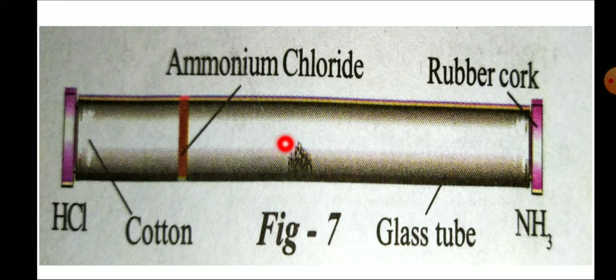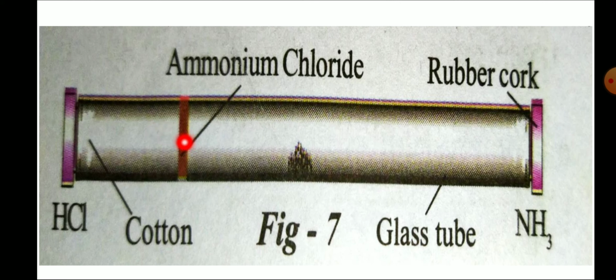At the same time, from this side HCl vapors start to travel. These HCl vapors and ammonia vapors meet at a particular point. Thereby, because of the HCl and ammonia, ammonium chloride formation takes place.